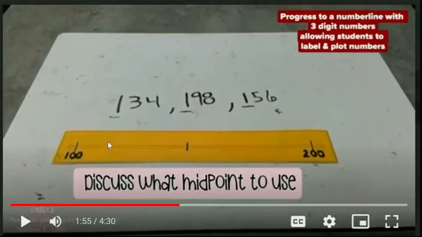With 3 endpoints, or 3 numbers, you can have students discuss what 2 endpoints they would like to use. There is no right or wrong answer, but make sure that we're trying to hone in on the closest numbers.